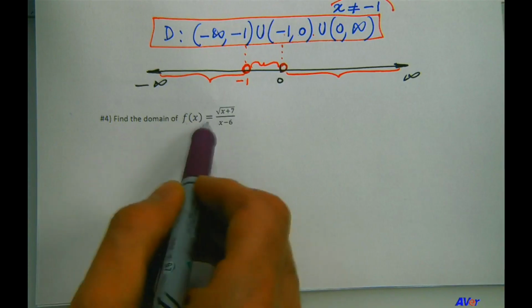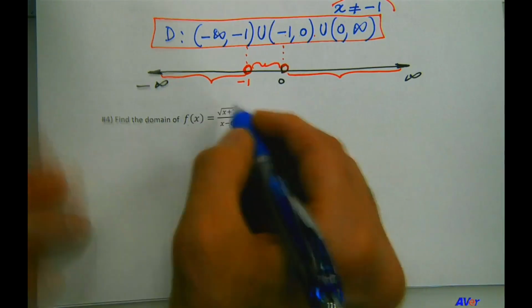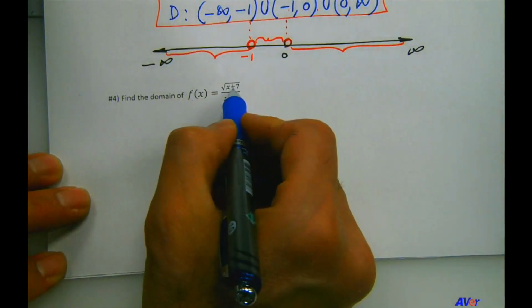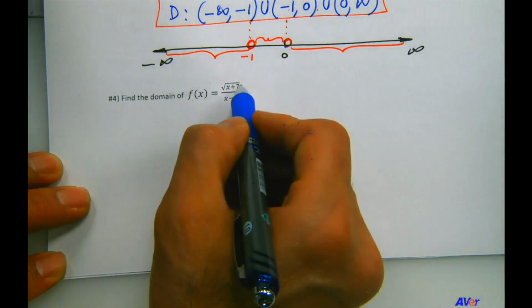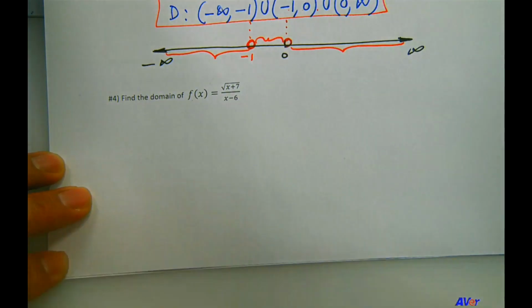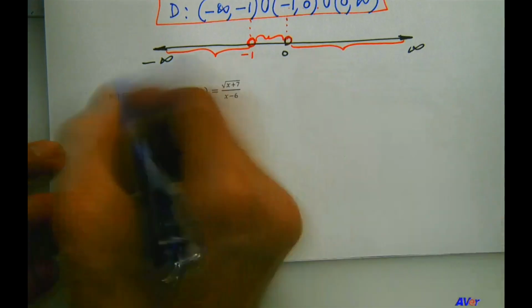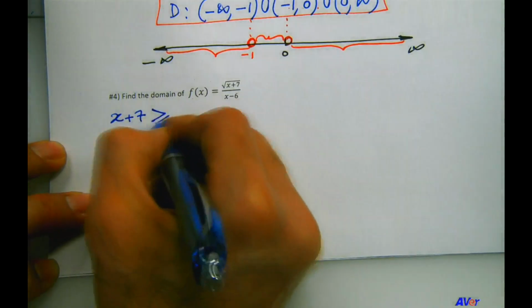All we have is a function, and we need to find the domain. Okay, so we know that x plus 7 can never be negative, right, for a square root. If we're looking for real number solutions, which is the case here. Here, we're not looking for complex number solutions. Okay, so we have x plus 7 greater than or equal to 0.